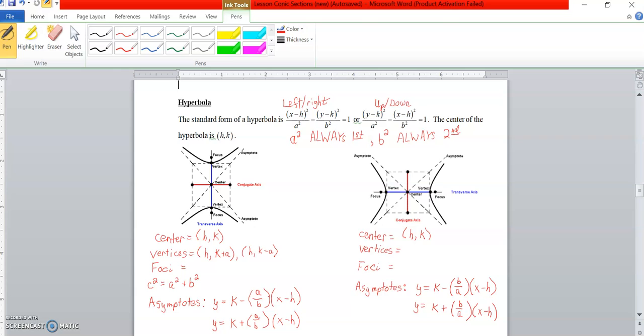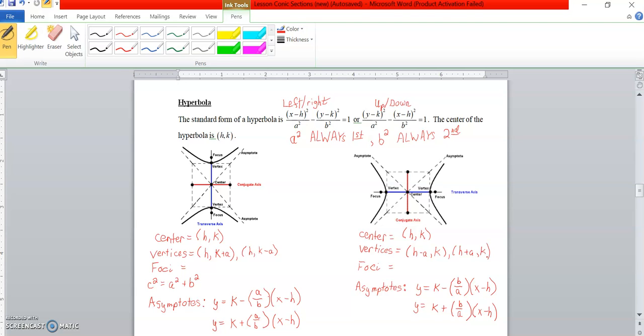If our graph opens sideways, left and right, that's when we get to move our h's. So h minus a, keeping our k the same, and h plus a, comma k. Is that right? Yep, good.